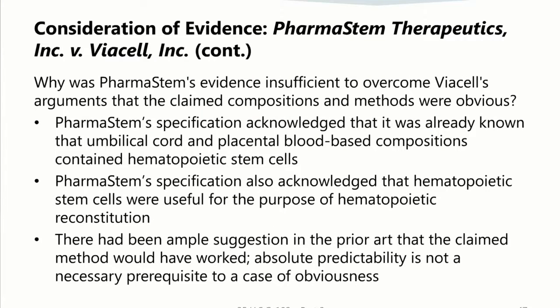PharmaStem's specification acknowledged that it was already known that umbilical cord and placental blood-based compositions contain hematopoietic stem cells, and hematopoietic stem cells were useful for the purpose of hematopoietic reconstitution. Thus, there had been ample suggestion in the prior art that the claimed method would have worked, and absolute predictability is not a necessary prerequisite to a case of obviousness.